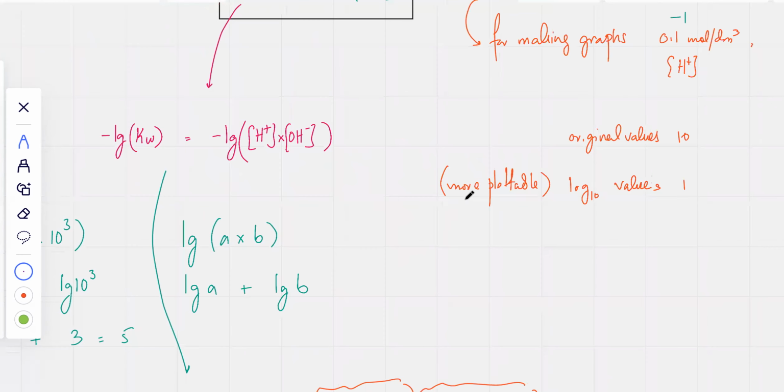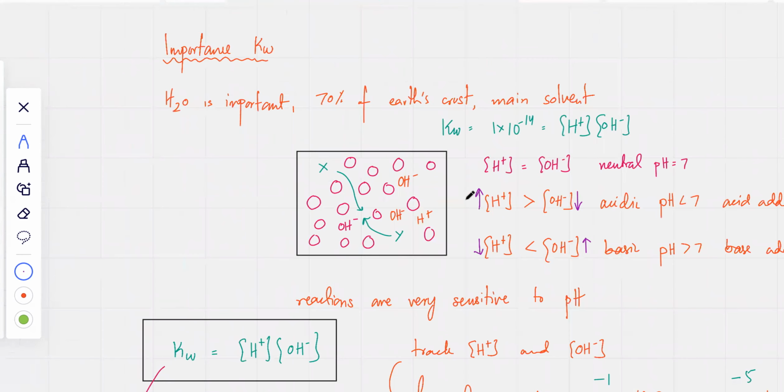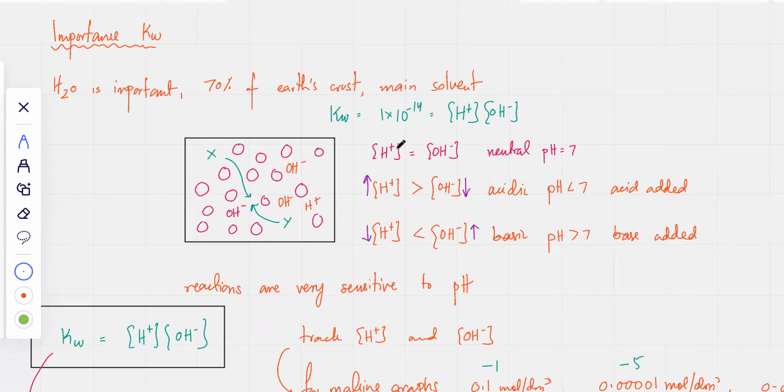Because the OH concentration would be exactly the opposite. If the H+1 concentration is high, then it's implied that the OH concentration is low, so you don't have to actually go and calculate the OH concentration. Vice versa, if the H+1 concentration is low, it's implied that the OH concentration is going to be very high.